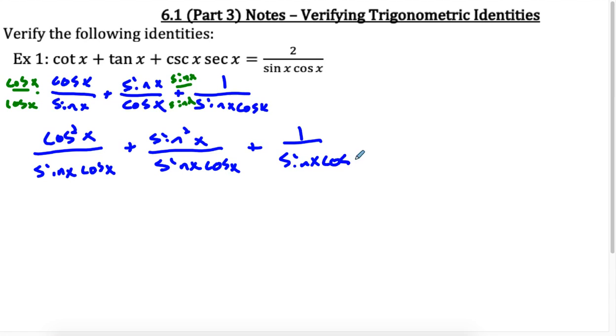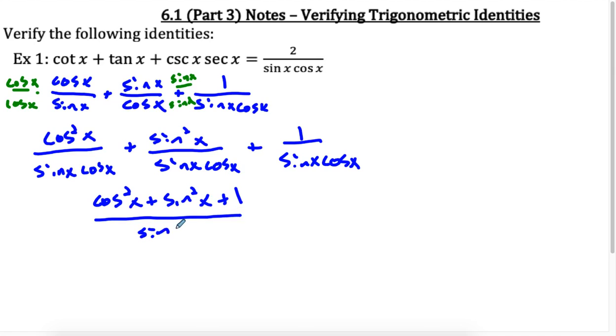So now I have common denominators. I can just add the numerators together. So I just have cosine squared plus sine squared plus 1 over sine times cosine.